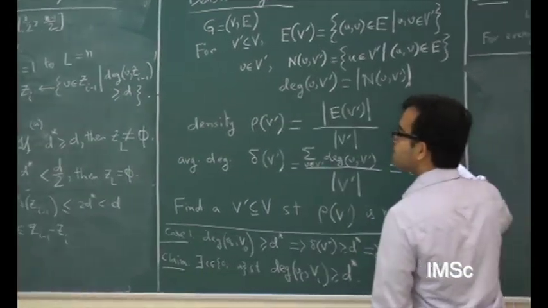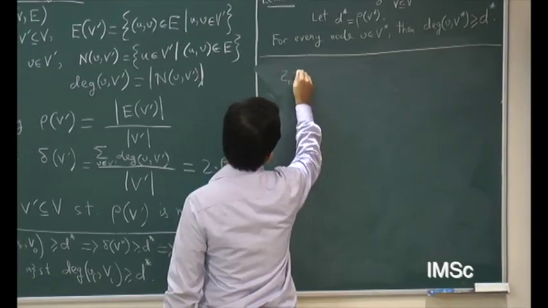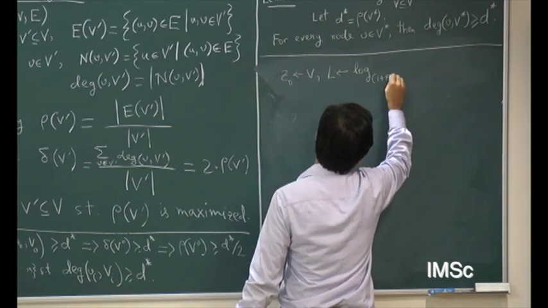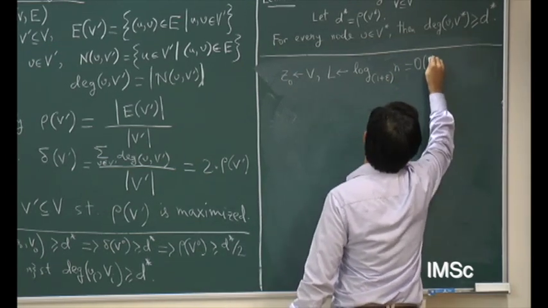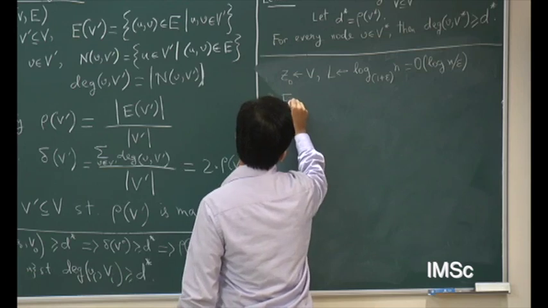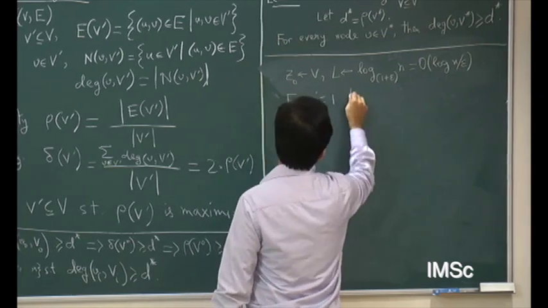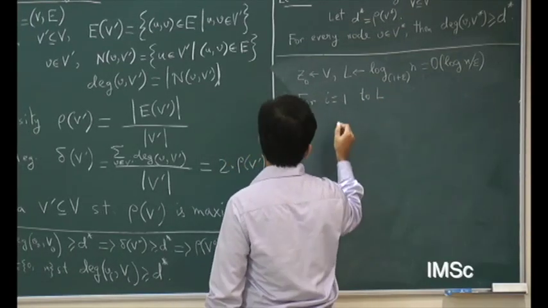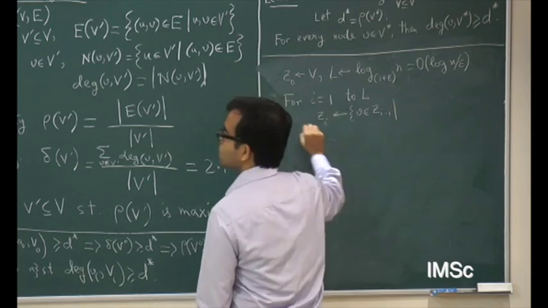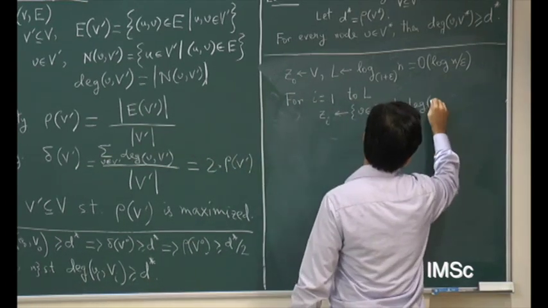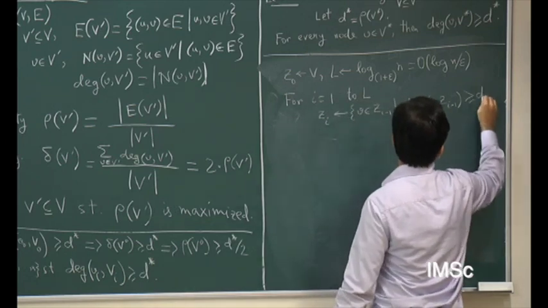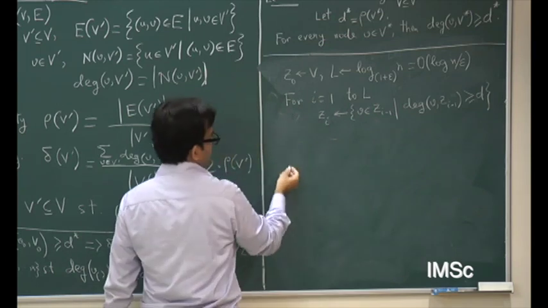Let me write it here. This is roughly equal to log n over epsilon. The algorithm remains exactly the same, okay?